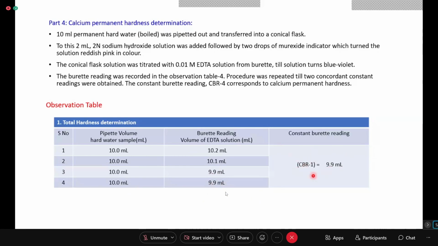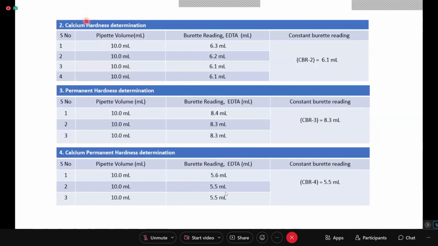This we will use to calculate the total hardness, grand total. Then the second observation table is calcium hardness determination. Here you are taking the synthetic hard water, adding NaOH and murexide and performing the titration. So your titer value here obtained was 6.1 ml.